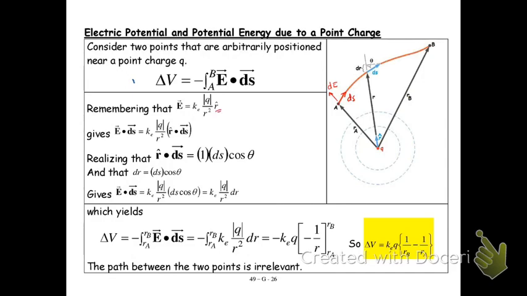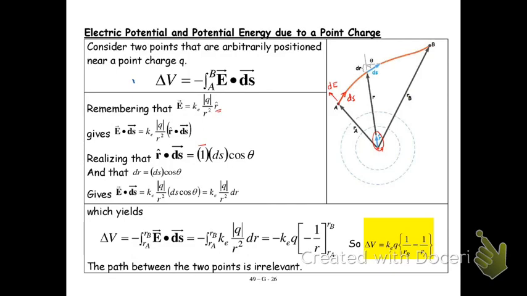So it's r hat dotted with ds. And r hat dot ds is the magnitude of r hat times ds times the cosine of theta. The little unit vector is basically that guy pointing to wherever I'm interested in. The little unit vector is 1, and ds is ds, and cosine theta is cosine theta.